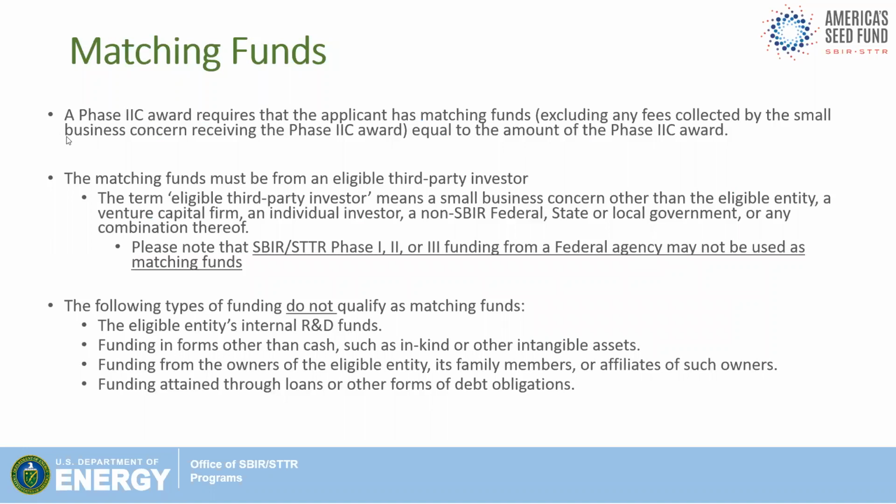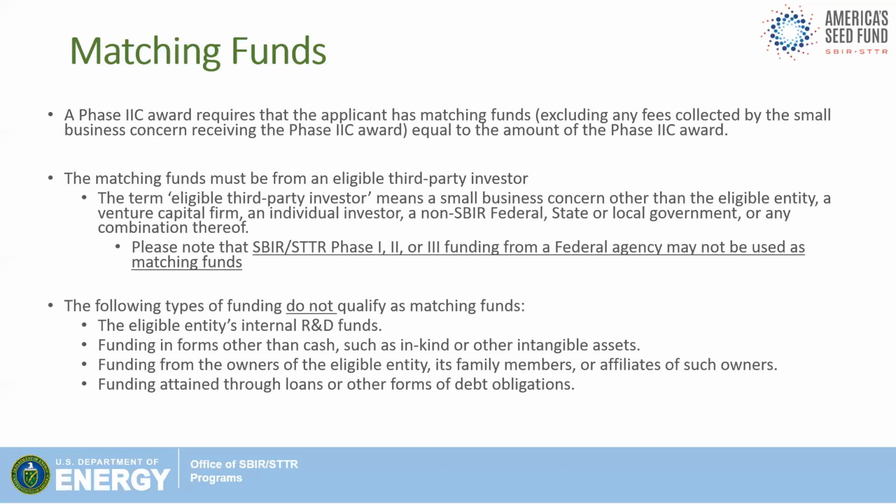So unlike all the other grants in our programs, phase 2C requires matching funds equal to the amount of the phase 2C award. And the matching funds must be from an eligible third-party investor, which means a small business concern other than the eligible entity, a venture capital firm, an individual investor, or a non-SBIR federal, state, or local government, or any combination thereof.